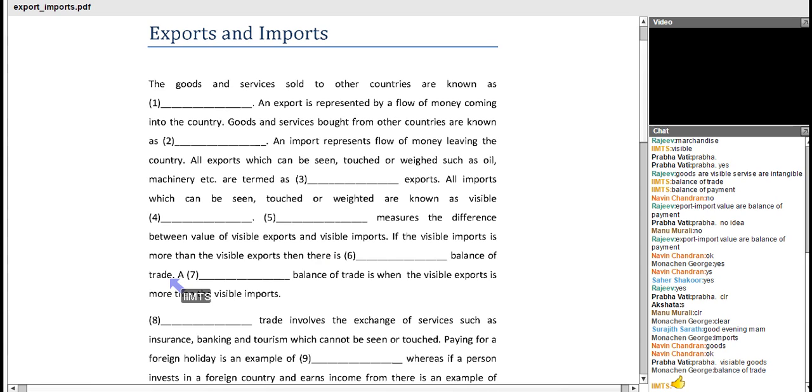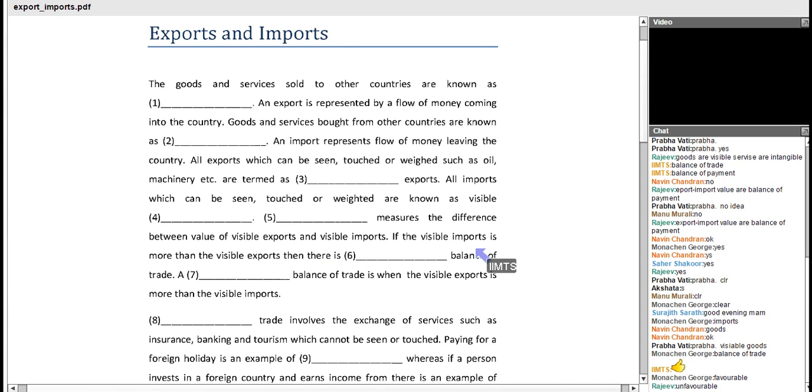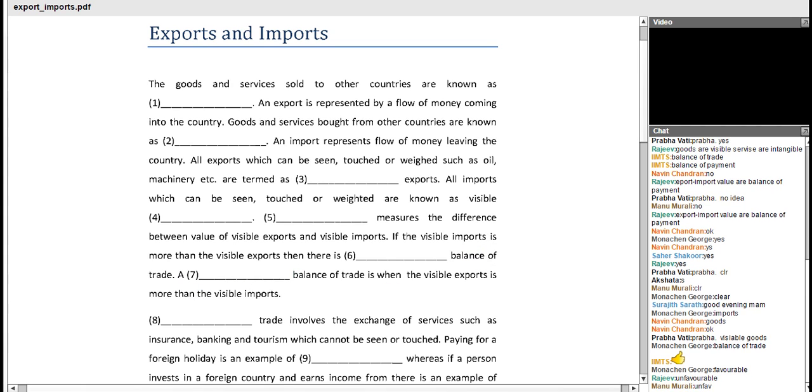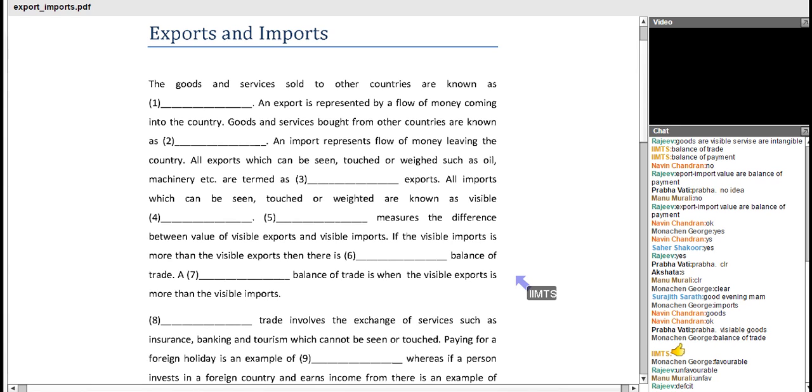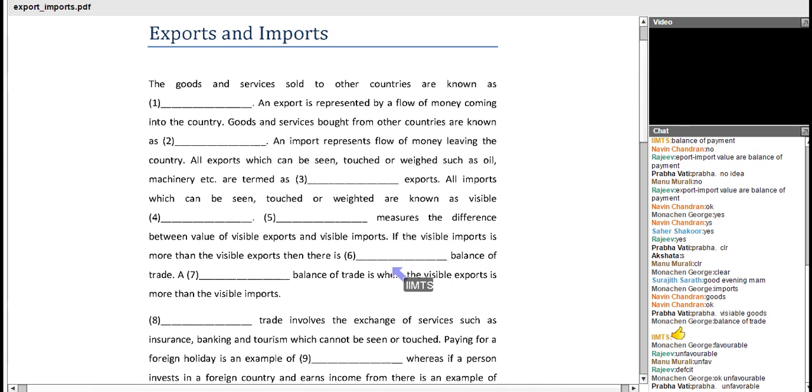These are the two terms. Monachin, it cannot be favorable. If your imports are more than your exports, means your payments are more than your receipts. So the balance of trade cannot be favorable. Okay, it's unfavorable.